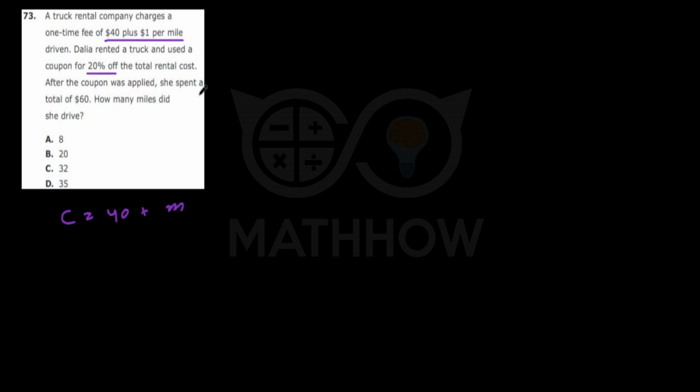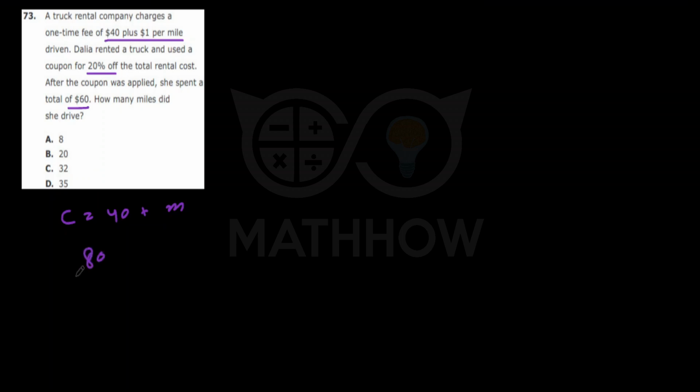After the coupon was applied, she spent a total of $60. How many miles did she drive? To find the number of miles, first we need to find the total cost, and to find the total cost, we need to find how much she paid after using the coupon. Since the coupon was for 20% off, that means she paid only 80% of the total cost, right? And that 80% is $60.